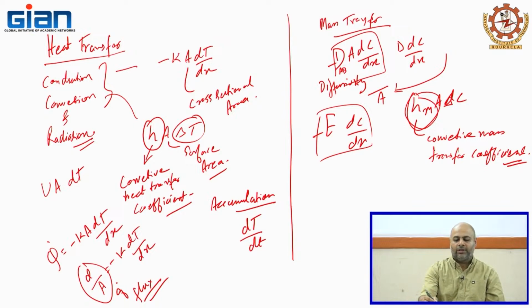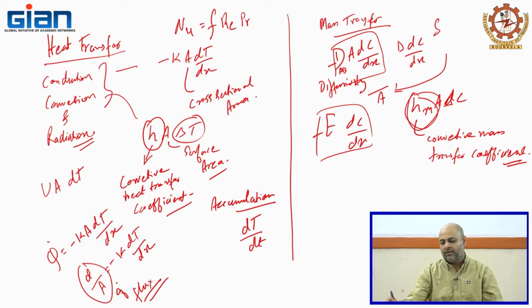You use equations for Nusselt's number, which is a function of Reynolds number and Prandtl number. Same thing in mass transfer: the Nusselt's number is called the Sherwood number, which is a function of Reynolds number and Schmidt number.